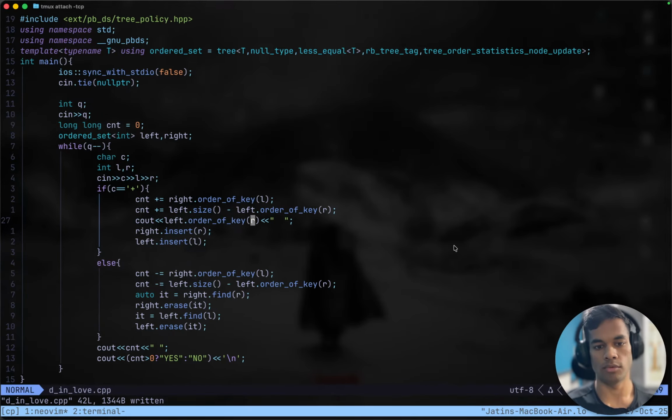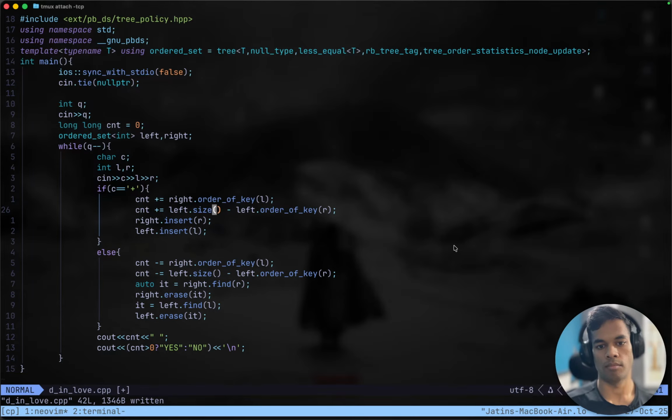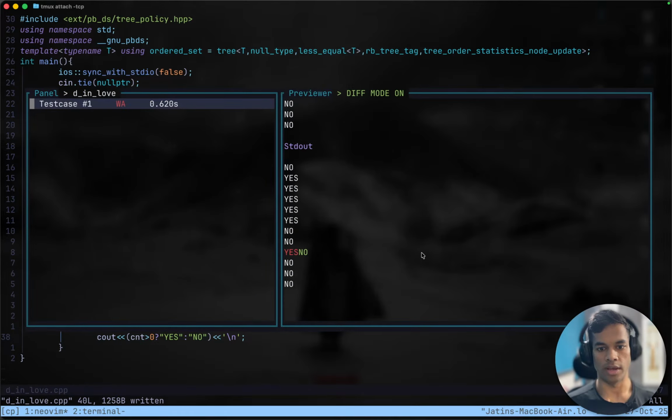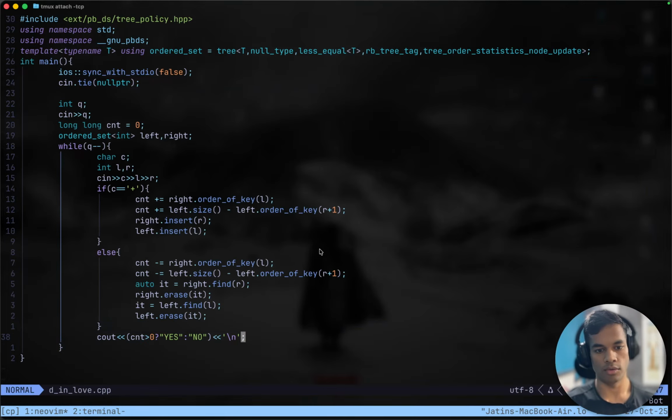Shit. So we have to do R plus 1, and then here also R plus 1. I think that makes sense. Okay, wrong answer on just this one. It says no, even though it should say yes.